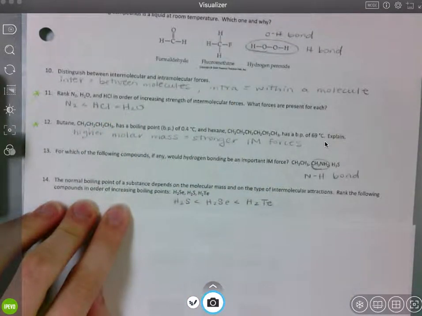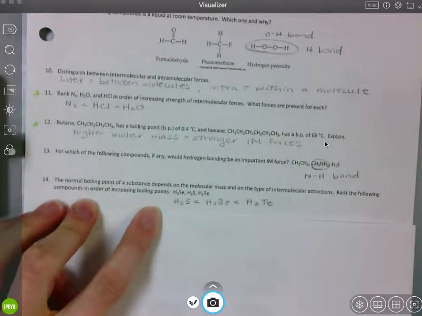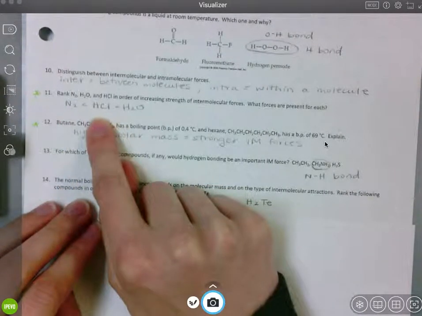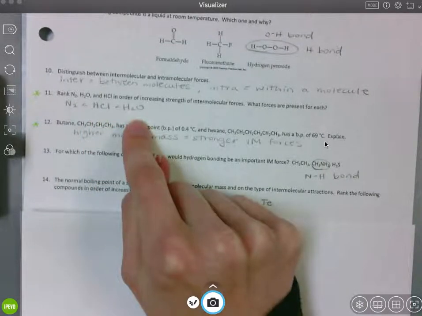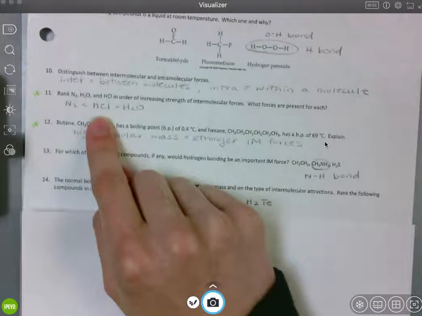Rank nitrogen, water, and hydrogen chloride in order of increasing strength of intermolecular forces, and say what forces are present for each. Nitrogen would be our weakest, then hydrogen chloride, and then water. The nitrogen-nitrogen bond is nonpolar, so we only see London forces in our nitrogen molecule. The hydrogen-chlorine bond in hydrogen chloride is polar, but chlorine is not one of our hydrogen bond guys.